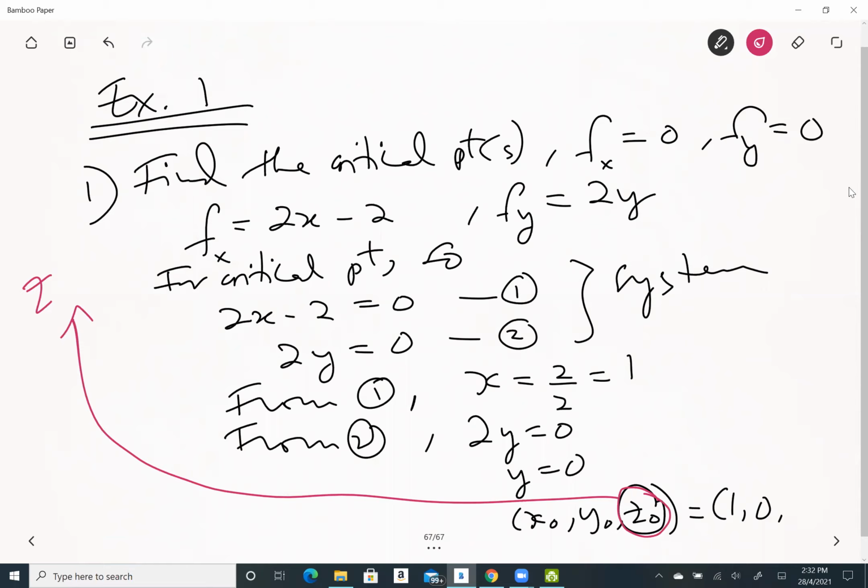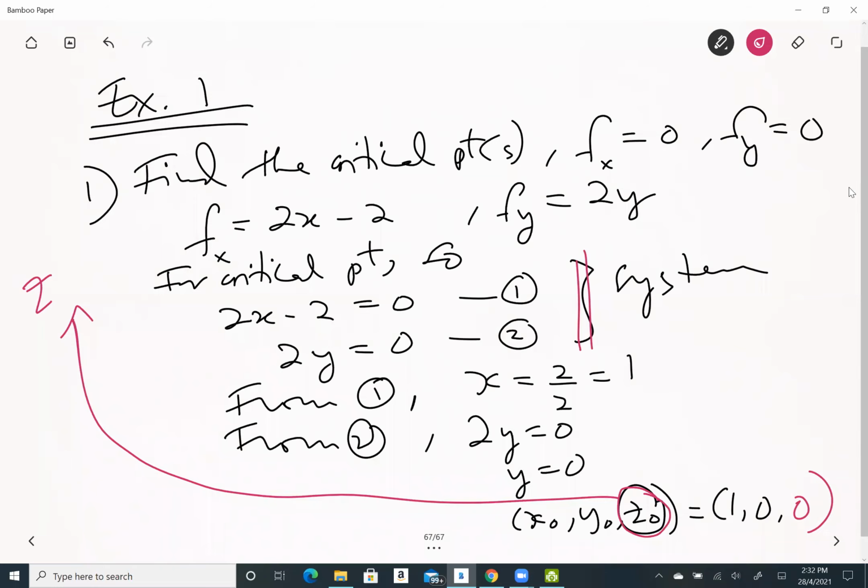What is the value? 0. So 1, 0, 0. So the critical point is 1, 0, 0. So that is the first part. We find the critical point, you set them as a system of equations, you solve for x and y, and you get the critical point.